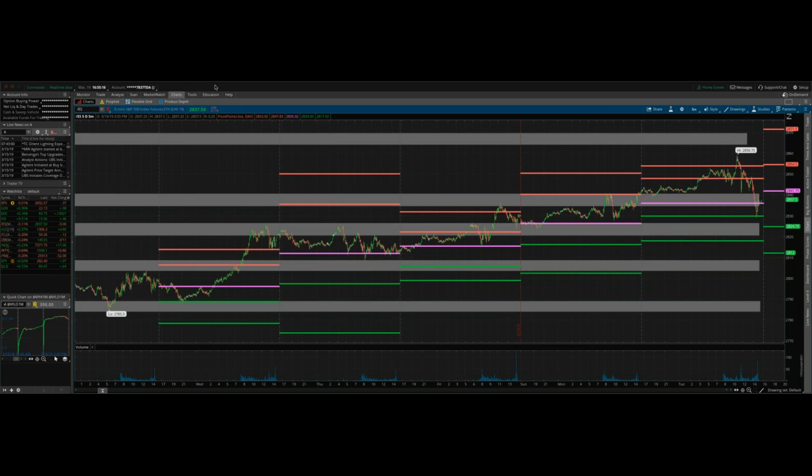So if you look at how the market was acting until today, today broke through. But every other day, if you were to just buy when we got very close to the purple line, which is our daily pivot, you'd have done fine.